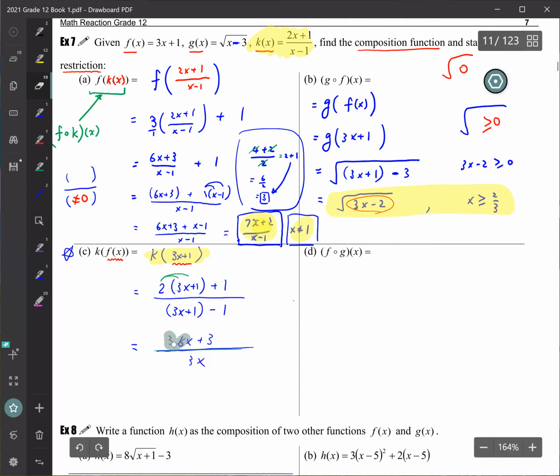Oh, divide by 3. So it becomes 2x. Then cross out the 3. Which 3? The top, bottom 3. Bottom 3, okay, and it becomes 1. No x. Okay. Is that what you mean? Yeah. Okay. What about the 3 on the top?